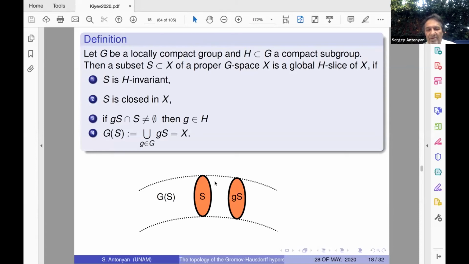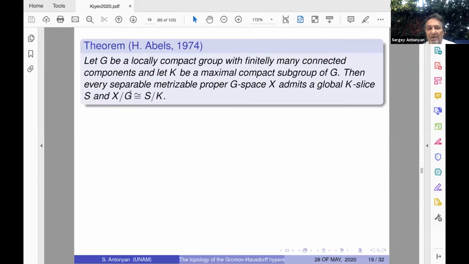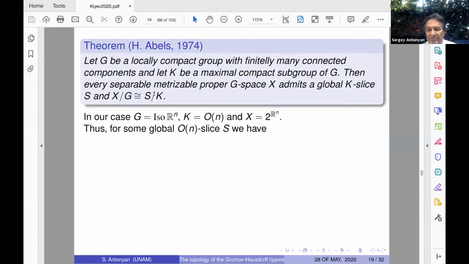But Abels' theorem says that this is homeomorphic to the orbit space if we consider only S, on which a compact group H is acting. Thus, the study of this orbit space is reduced to the case when the acting group is compact.